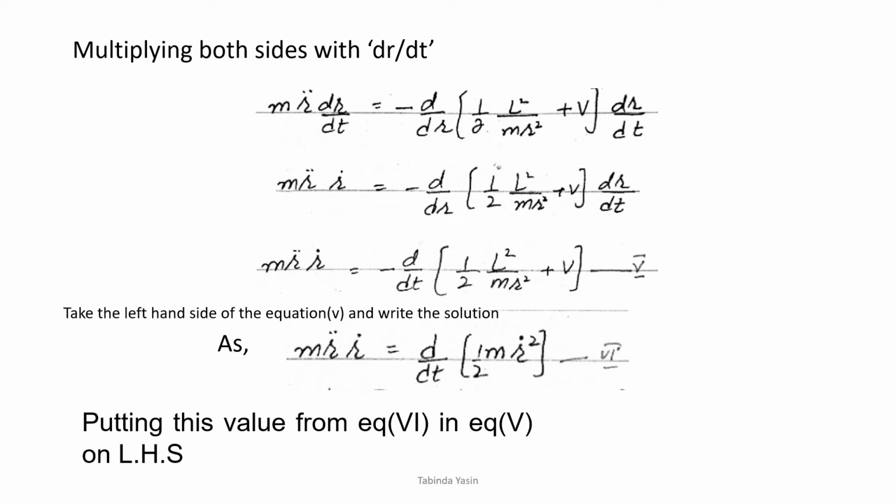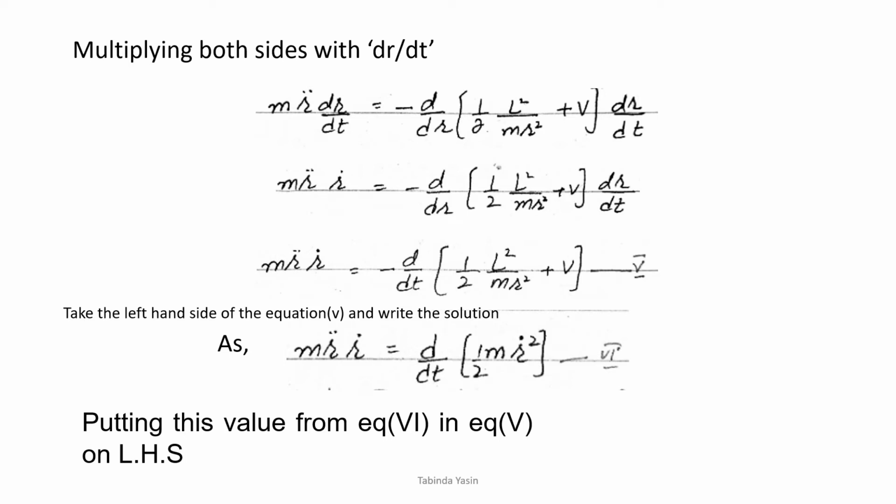Reviewing that equation number 5, take the left hand side of the equation from equation 5 and write its solution. So we can write m r double dot r dot that is equal to d by dt into 1 over 2 m r dot square.